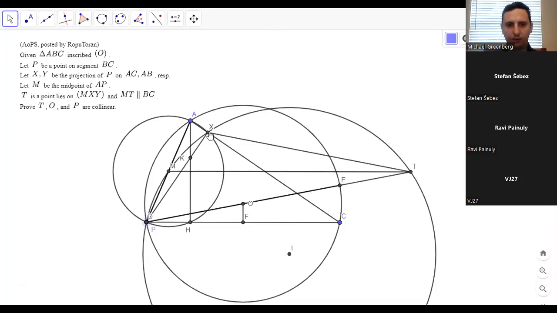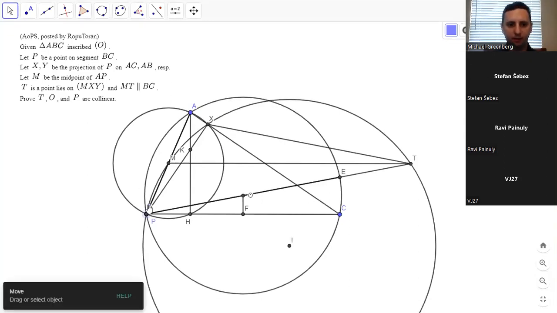I think it's trivial if P equals B, because basically we want to show that angle MTO is equal to angle ODC. And I think that should be obvious. Yes. Because angle MTD is angle MKD. And they're similar. So it's obvious for P equal to B and C.